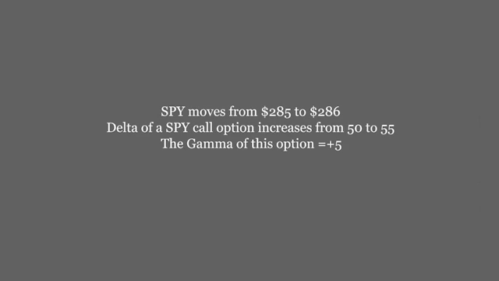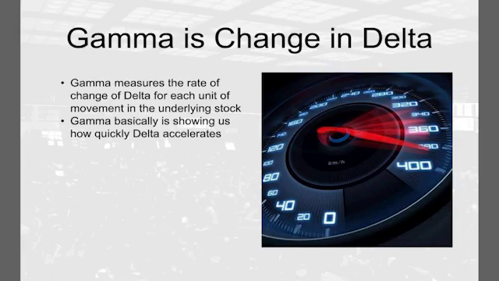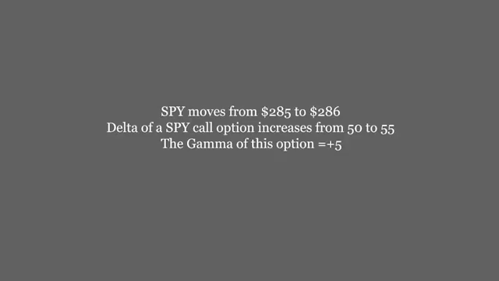So remember, delta is the speed of an option, then gamma will be your acceleration, that 0 to 60. How fast did the option accelerate?